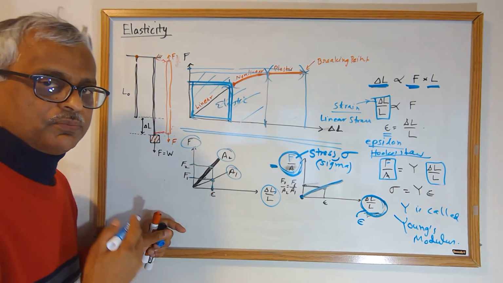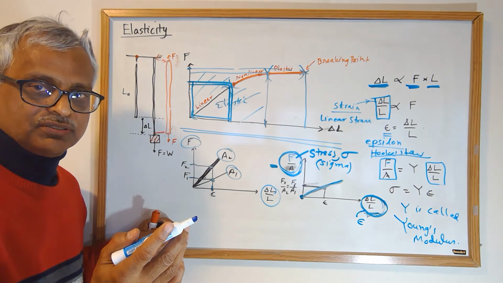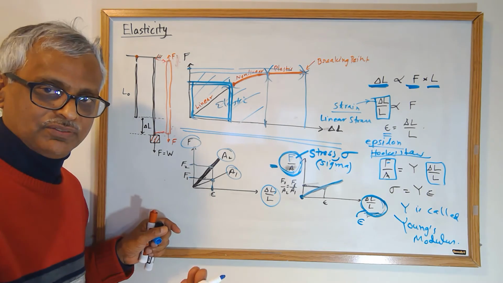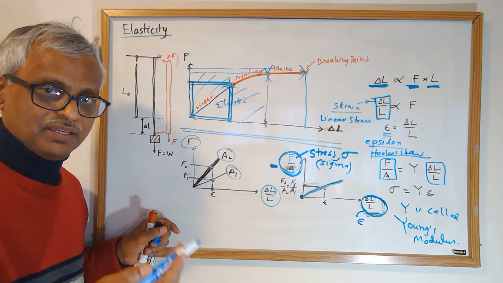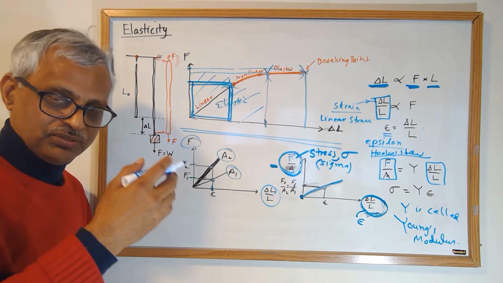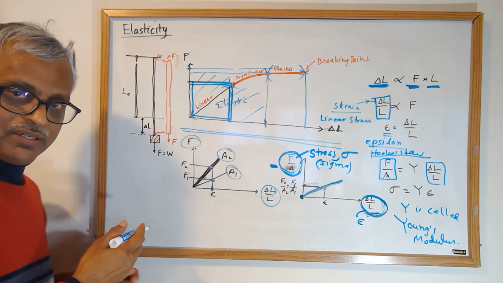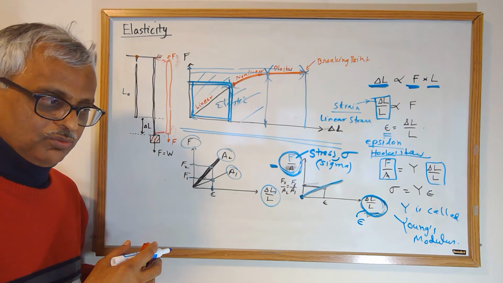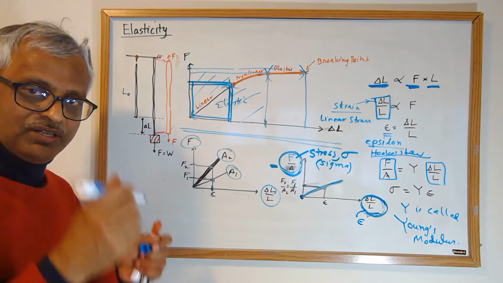It will vary over a very large range depending on how easy it is to stretch or shrink something, how easy it is to change its length. In a wire, we usually do the stretching, but in some other places you may have a shrinking of the length.